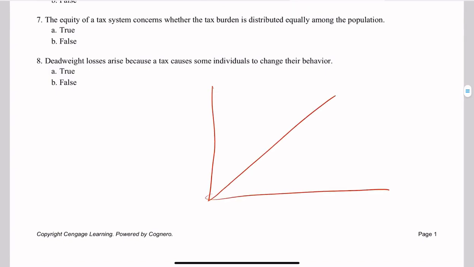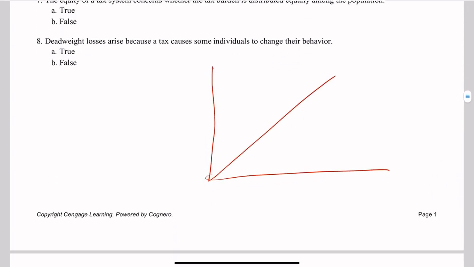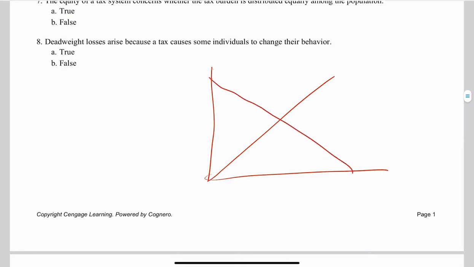Why do we have deadweight loss? We know that deadweight loss is measured by this blue triangle, so let's see why we have it.